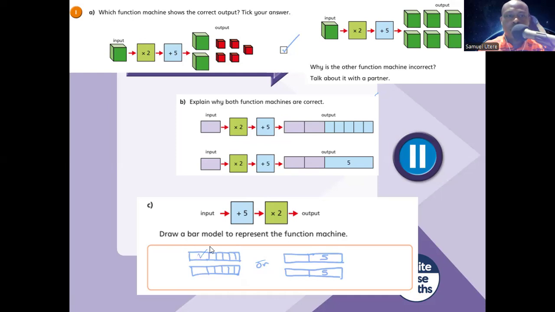So the input can be this one. And then we're adding 5 to that, which is this. And then we're doubling it. Same with this. So it can be this or this. Okay, let's move on.